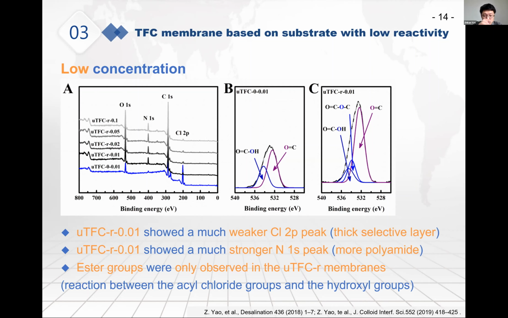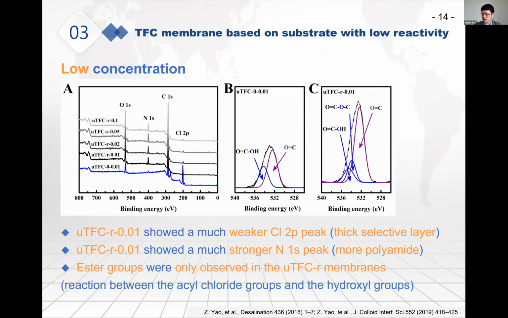And the signal of the ester groups was only observed in the TFC membrane prepared on the reactable substrate, which proves the reaction between TMC and the substrate.